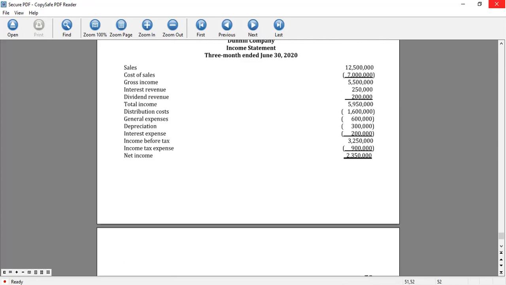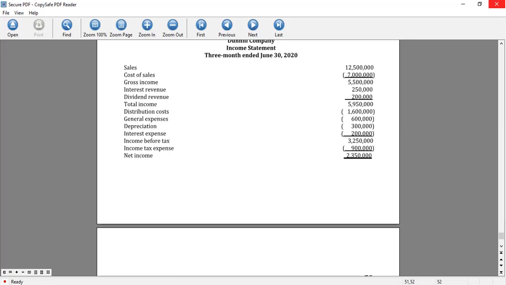Then you have to deduct the distribution cost, 2.5 million minus 900,000. So we have the difference of 1.6 million. Again, for the general expenses, we only have 600,000, for 1.1 million minus 500,000 is 600,000.